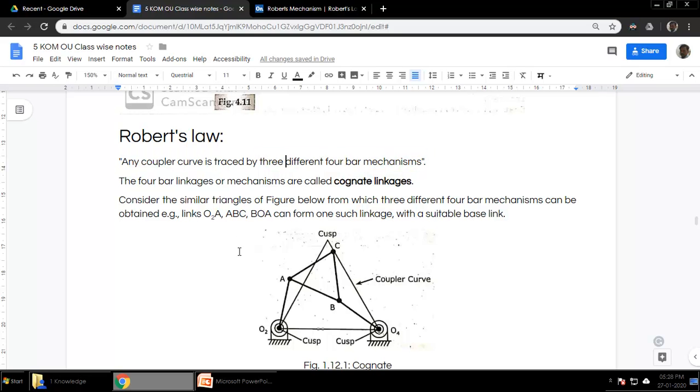A coupler curve is the path traveled by a point on the coupler, which may not exactly be on the straight line between the joints, but may be displaced from them. You can see this link ABC is one of the couplers, and the path traveled by this point C is the coupler curve.